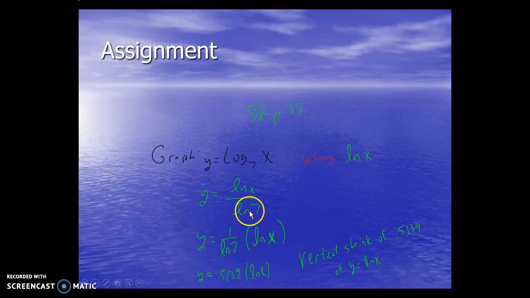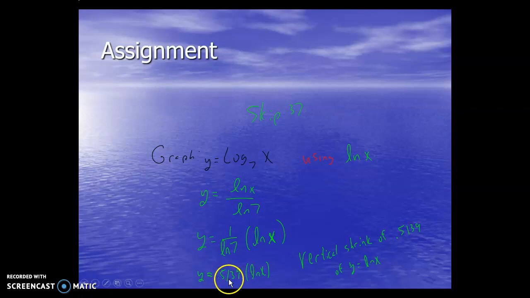Then what you can evaluate now is natural log of 7. You could pull that out, and that's like a vertical shrink, because the number is less than 1, so it's shrinking the natural log graph by 0.5139.